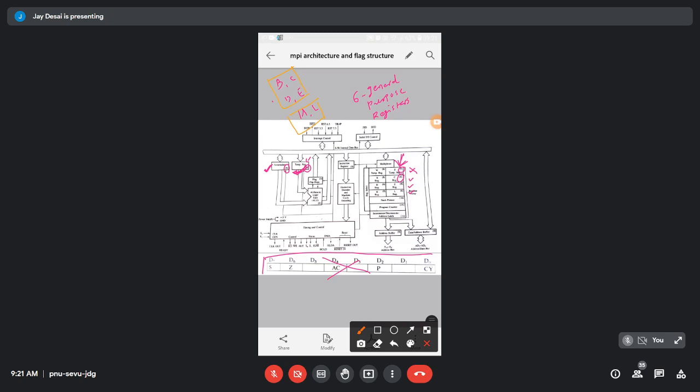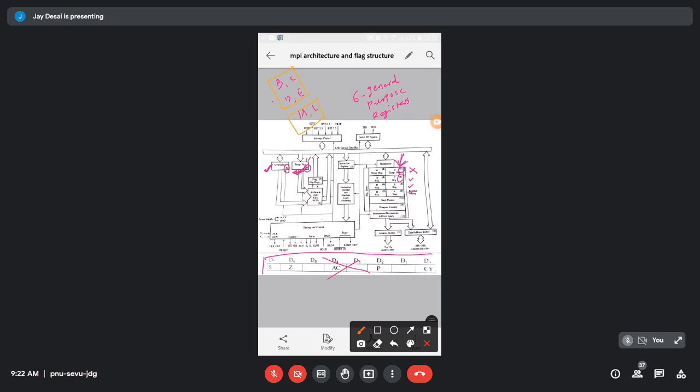A, W, Z, B, C, D, E, H, L. Out of these 9 registers, register A, the accumulator, all registers are used to store 8-bit data, but the accumulator comes in the category of special purpose register. And again, it is a programmer operatable register.